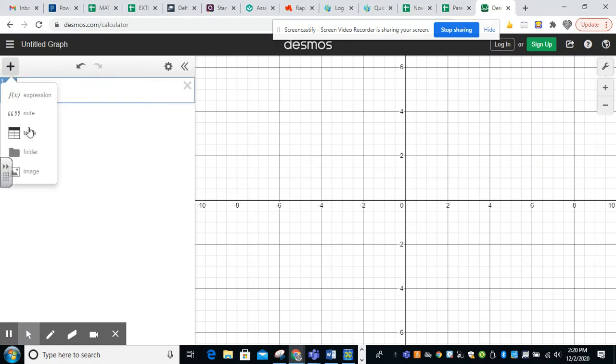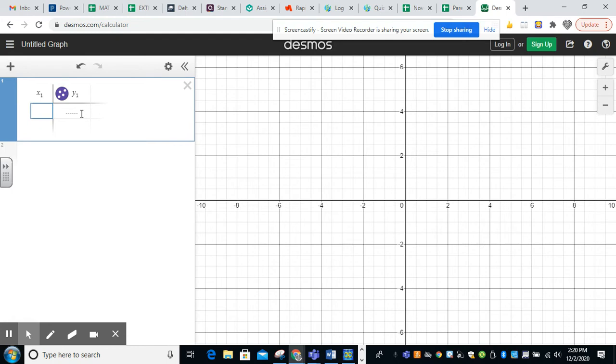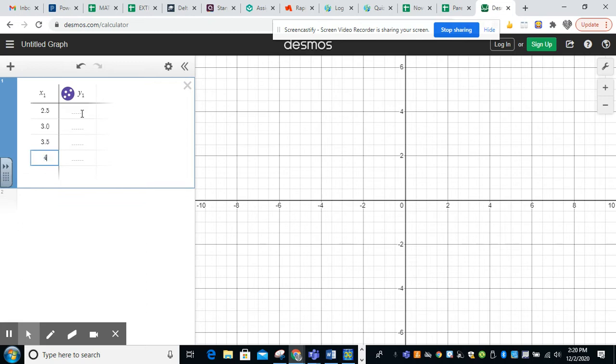I'm going to add a table. So my table of values is 2.5, these are all pounds, 2.5, 3.0, 3.5, and 4.0. So for 2.5 pounds of oranges, it's going to cost $6.25.